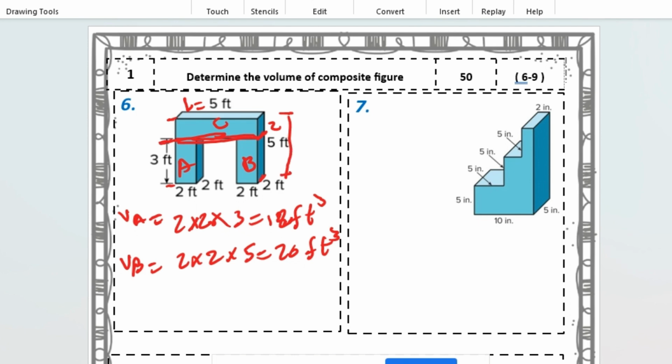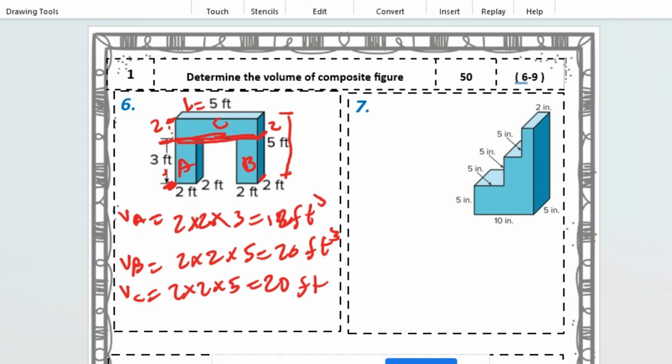So we want this small bit. How much is the small bit? It's of course 5 minus 3, which is 2 feet. So VC will be 2 times 2 times 5, which is again 20 feet.